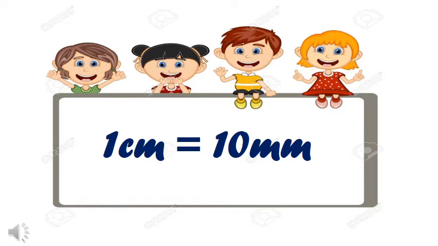The prefix milli means 1000, so there are 1000 millimeters in every meter. So millimeters and centimeters are only separated by 1/10th place, which means that there are ultimately 10 millimeters for every centimeter.